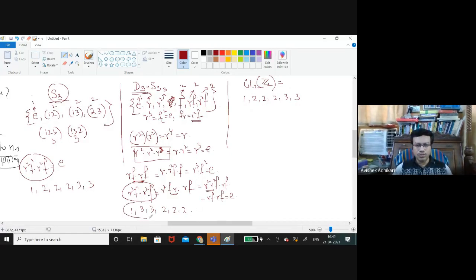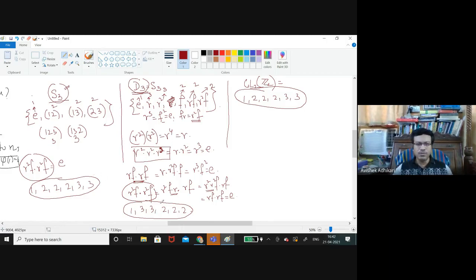So just try to compare, is it matching throughout? Though they look quite different. One is S3 obtained from permutation, this is D3 obtained from symmetries on equilateral triangle, and this is obtained from matrices, but this sequence is same.